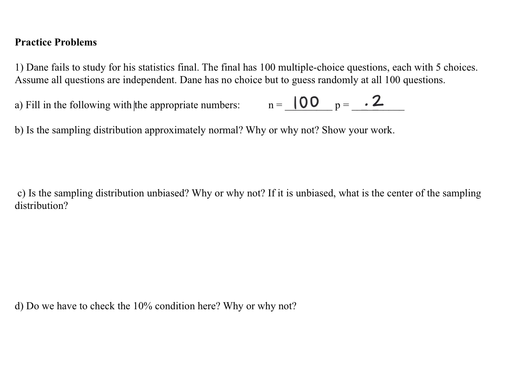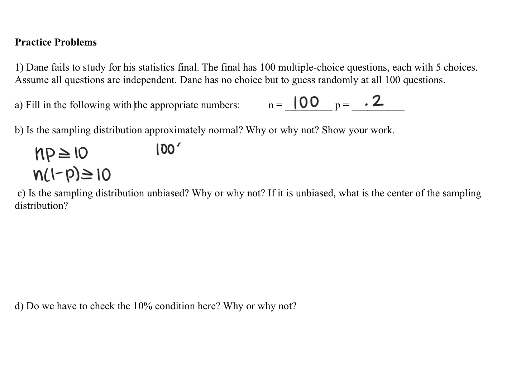So now we want to determine if our sampling distribution is approximately normal and why or why not. So we're looking to see that n times p is greater than or equal to 10 and n times 1 minus p is greater than or equal to 10.